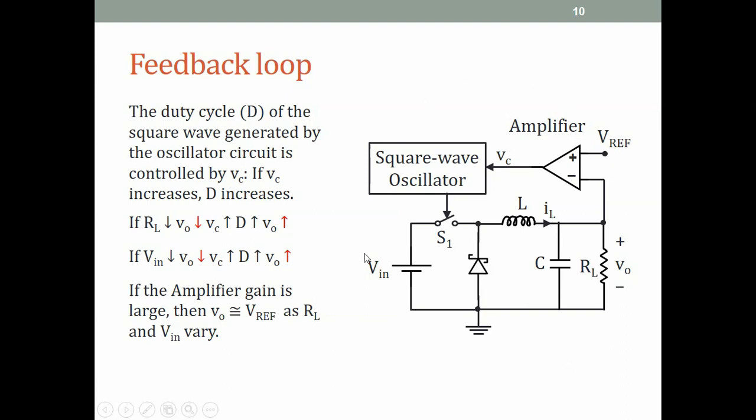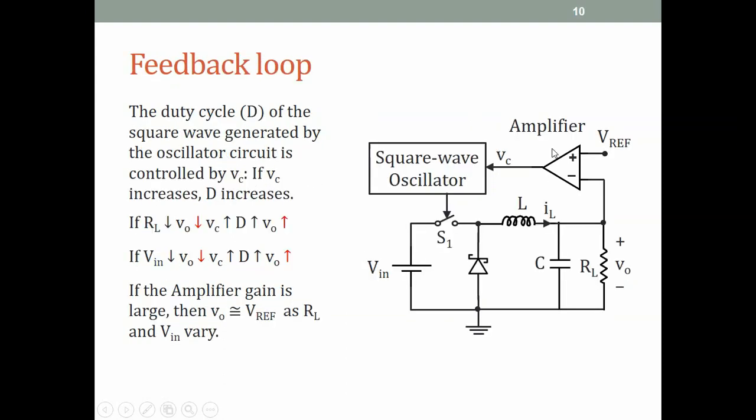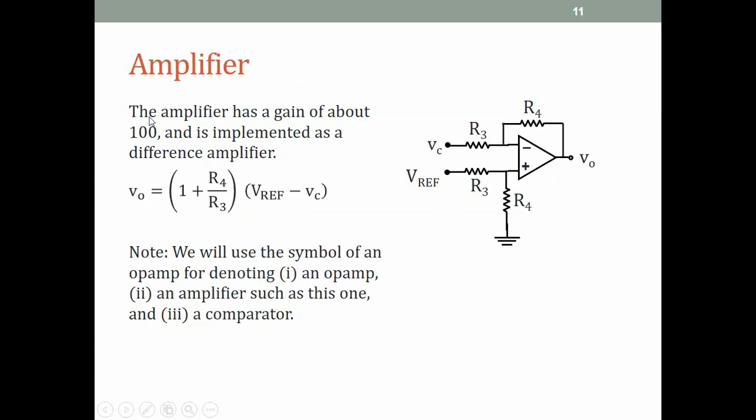Let us do one or two more things. This amplifier is actually not an op-amp, because an op-amp has a very high gain which is not required here. So this is an amplifier with a gain of about 100, implemented with an op-amp.